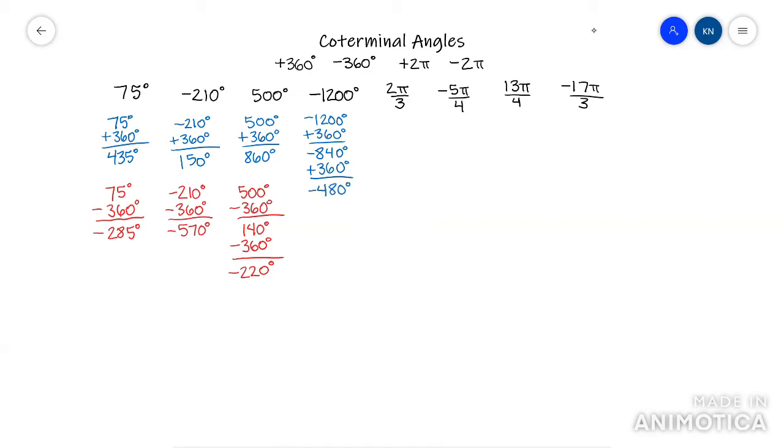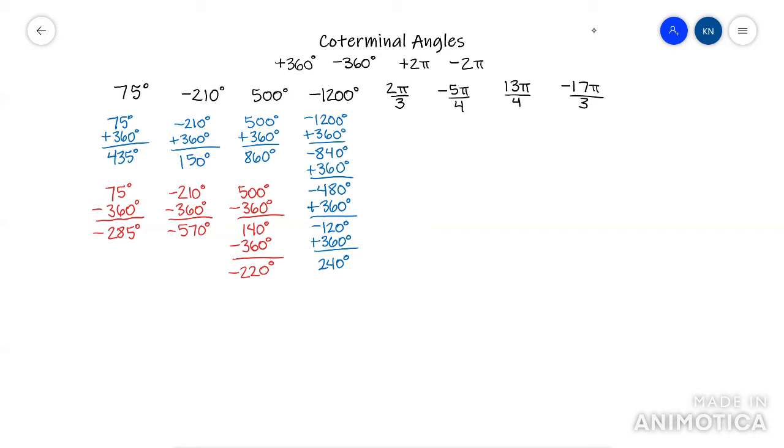It's still not a positive angle, so I would keep going and add another 360 degrees. And it's still not positive, so I would keep going until I got to a positive coterminal angle.